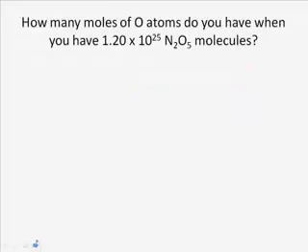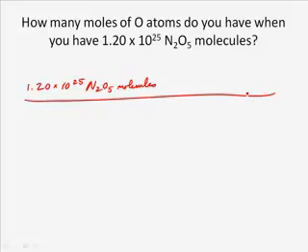Now let's take a step further with this. Say I have 1.2 times 10 to the 25th N2O5 molecules, and I want to know how many moles of oxygen atoms I have. The first thing, and this is always a good first step when you don't know what else to do: convert it to moles.